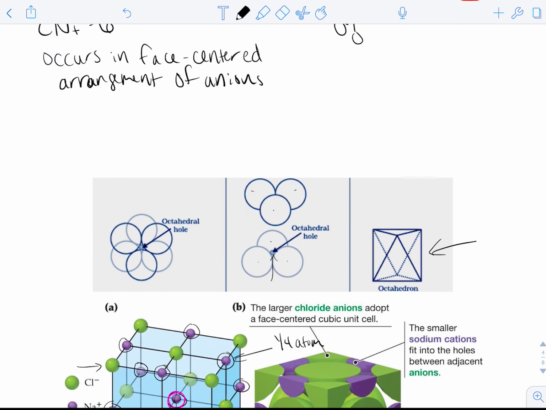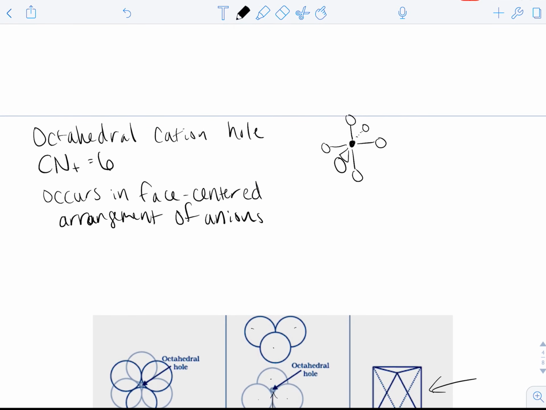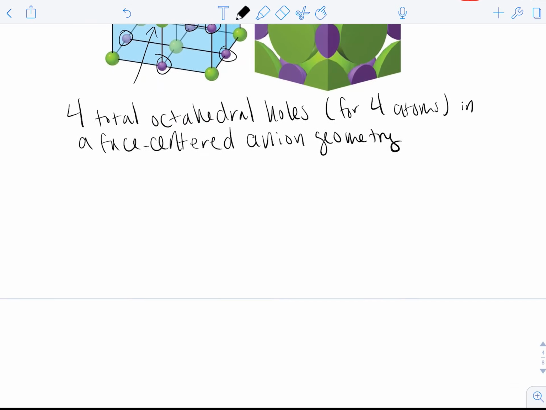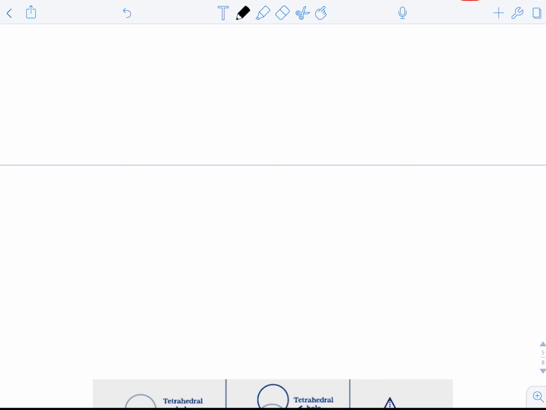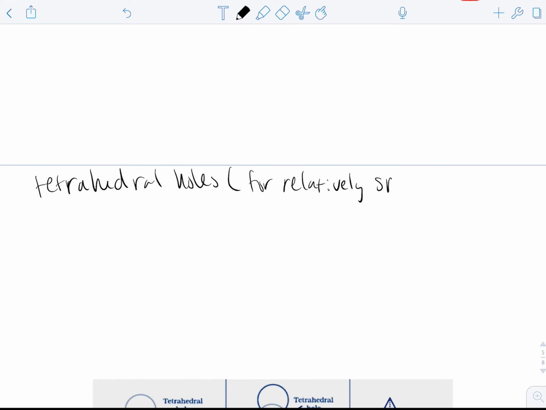Now, we get octahedral cation holes for medium to large cations. So again, relatively. If we have small cations, then we're going to put them in tetrahedral holes. So here it looks like a tetrahedron.